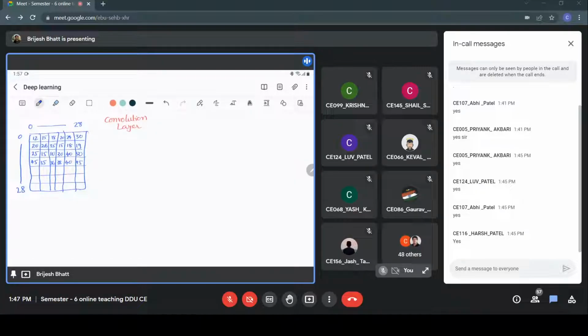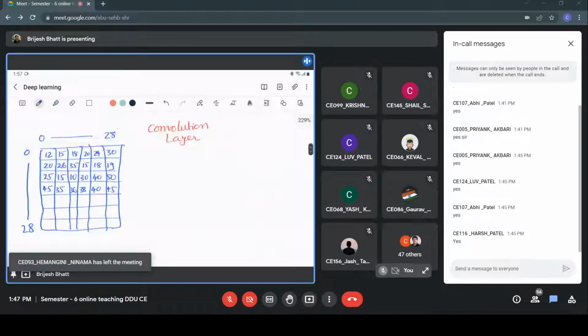Instead of passing this image entirely, we'll create a filter which we call a convolutional filter. And this filter can be of any size. For our example, let's say we are using a 3 cross 3 filter.